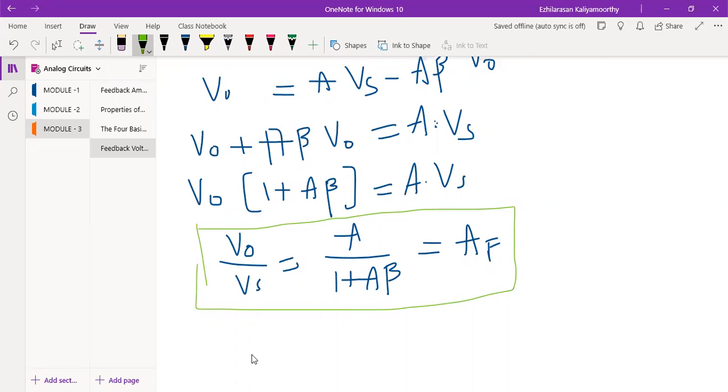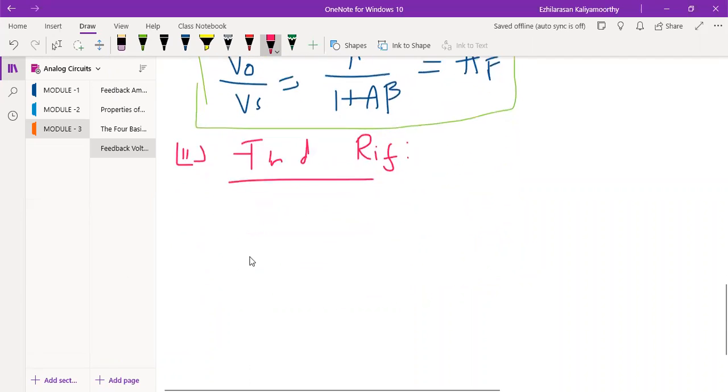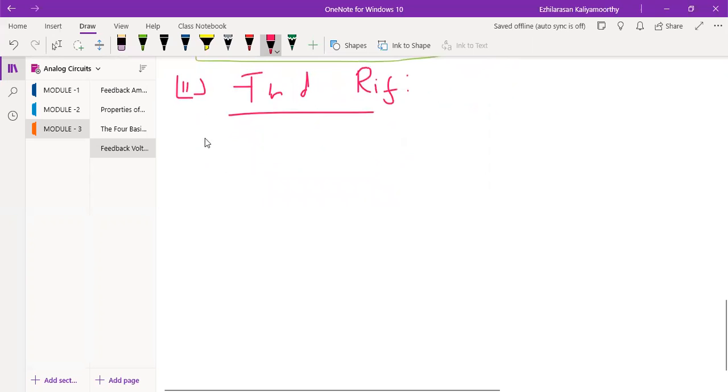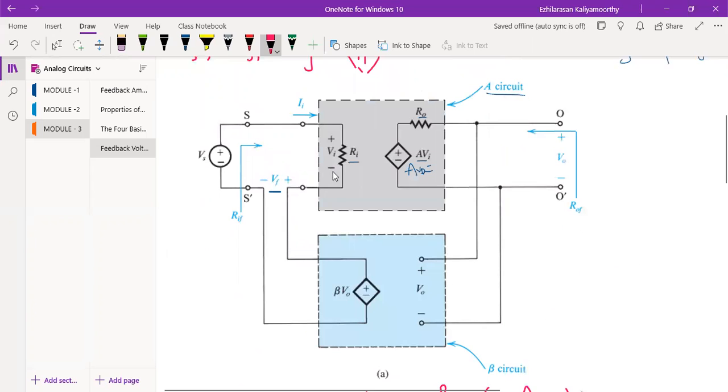Next, we have to calculate the second parameter: the input resistance, that is RIF. How can we find the RIF now? This is a two-port, right? Seeing from the input, RIF is nothing but the input VI divided by II.